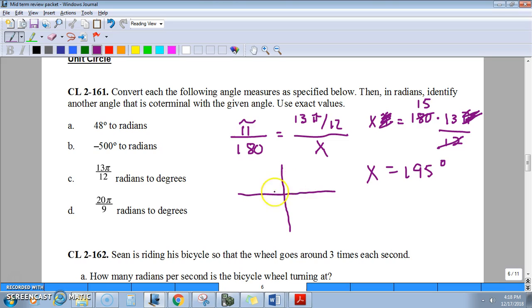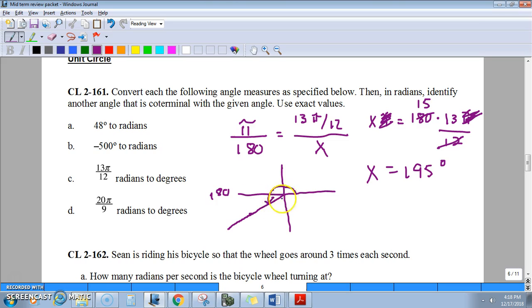So let's say 195. This is 180, right? So let's say 195 is somewhere here. We can go back and do this with the radians too, but this is probably way easier. You guys are like, why didn't you say this in the first place?